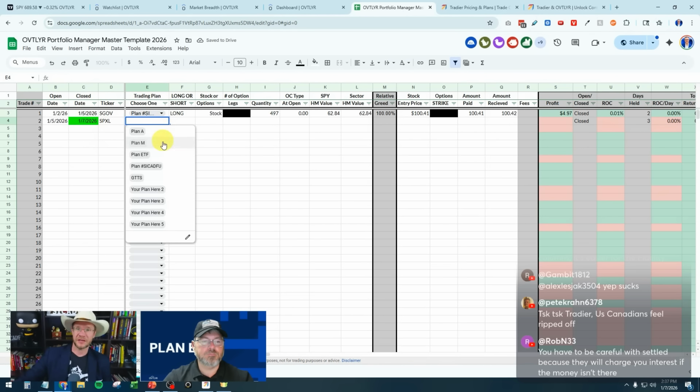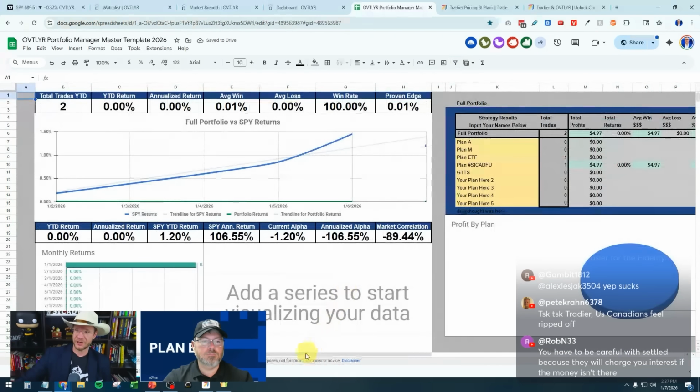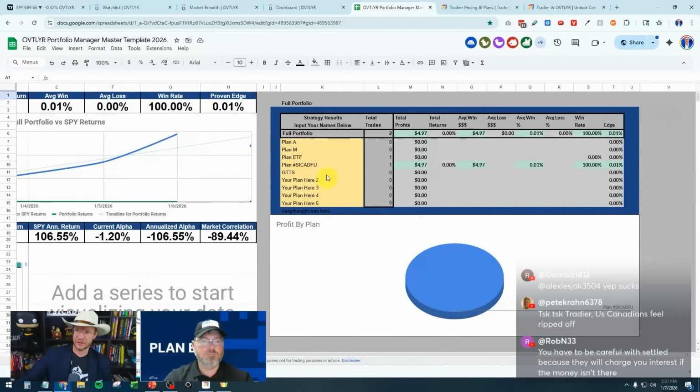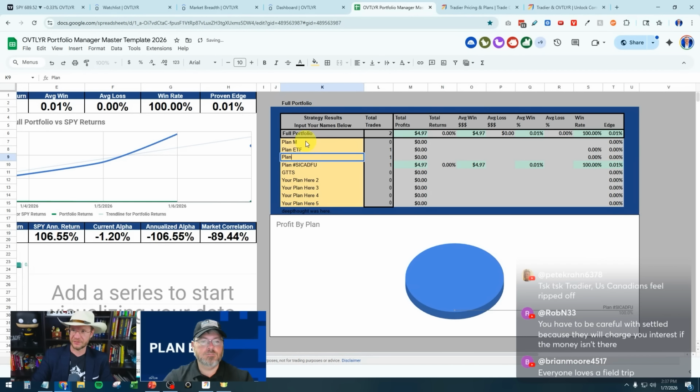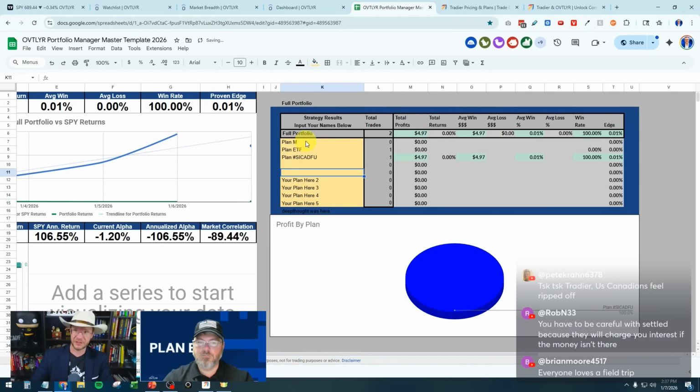Now, which trade plan is this? This is plan ETF. Now, if you want to fill in these plans, all you got to do is go over to your portfolio data and you just type these in: plan A, M, whatever, right? Plan M, plan ETF, plan sit in cash. We're going to say nothing for the others, because these are my only plans that I'm trading.